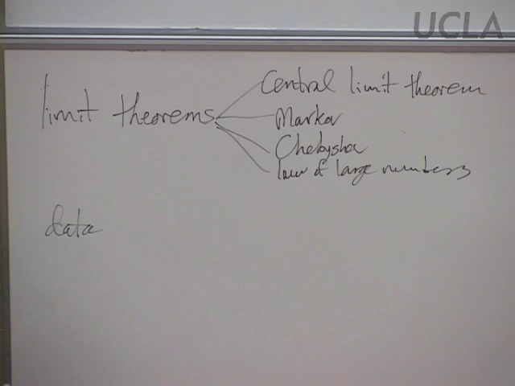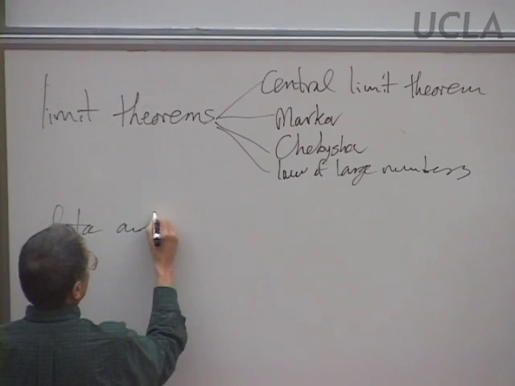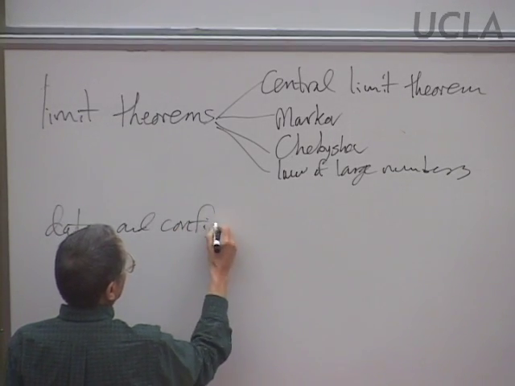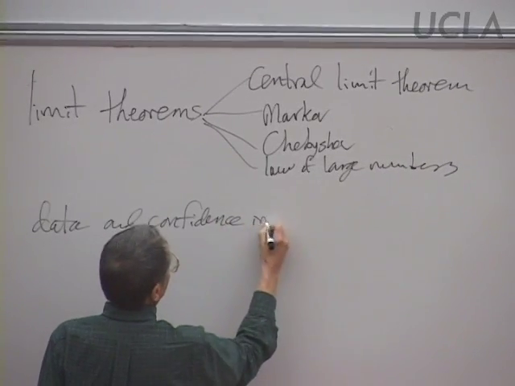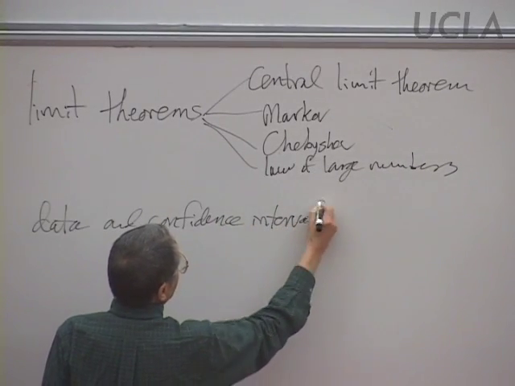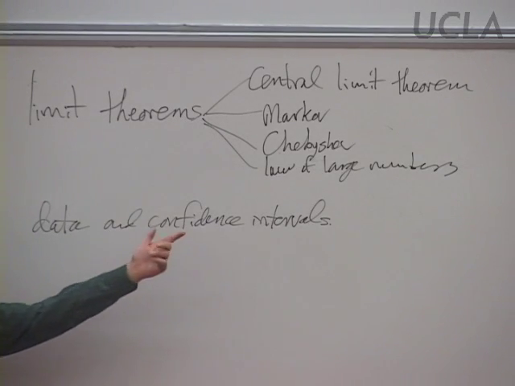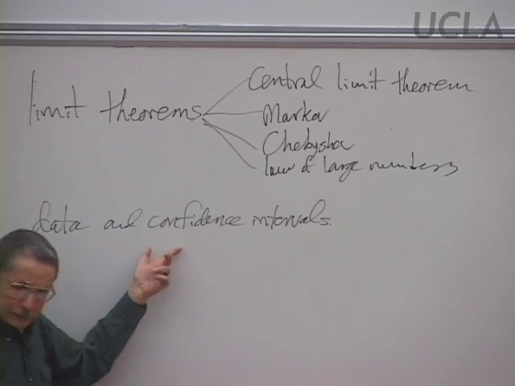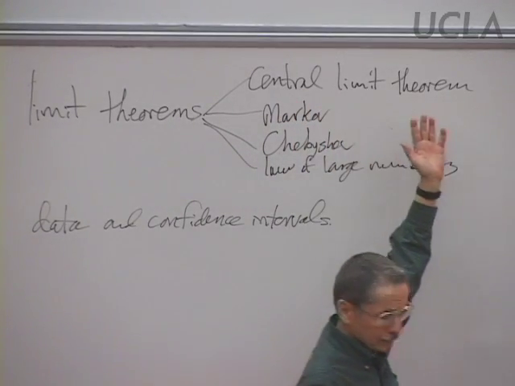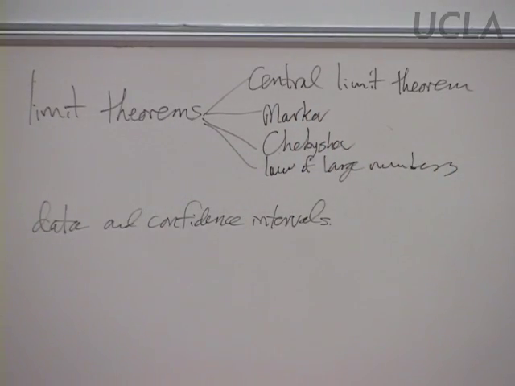And section 12.7 on data and confidence intervals, which, for confidence intervals, we draw on the central limit theorem to tell us what to do.